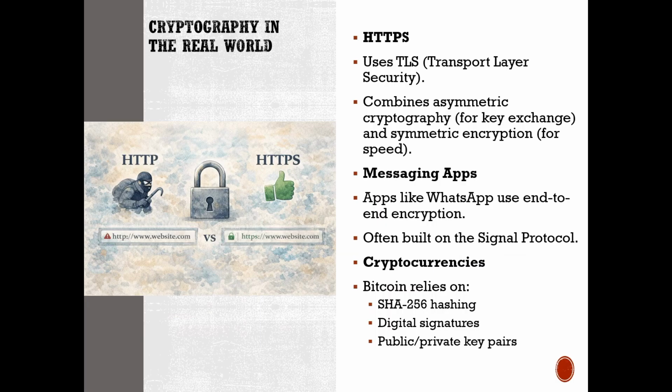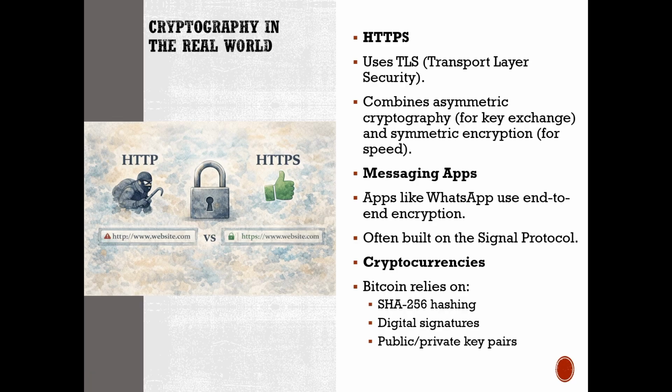Now let us look at cryptography in the real world. The technology and protocol that we'll look at primarily is what we use every day, which is the Hypertext Transfer Protocol Secure, which uses TLS, transport layer security. It combines asymmetric cryptography for key exchange and symmetric encryption for speed. Messaging apps also use a form of cryptography.